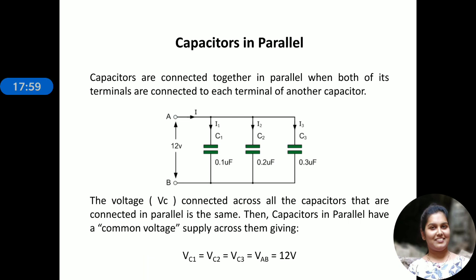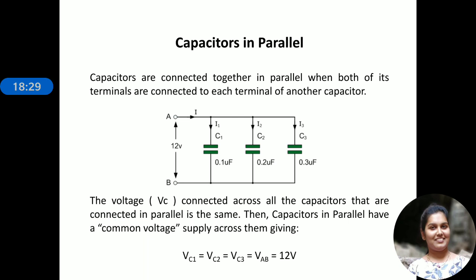Parallel connection, or shunt connection. Parallel connection is also called shunt connection. We say components are connected in parallel or shunt if one terminal of each is connected to one point and the other terminals are connected to another point.